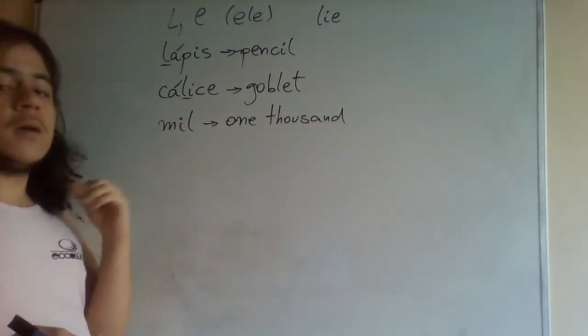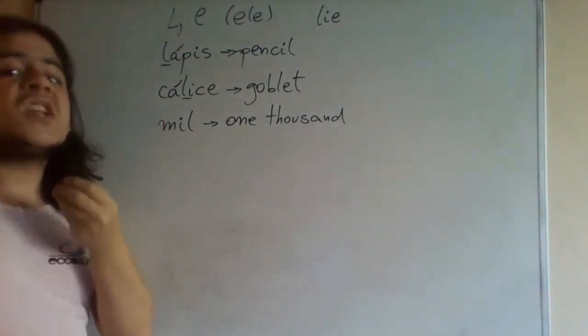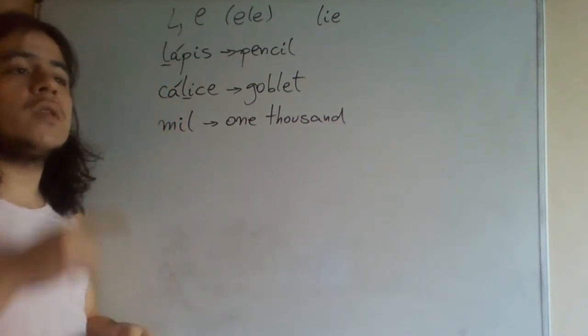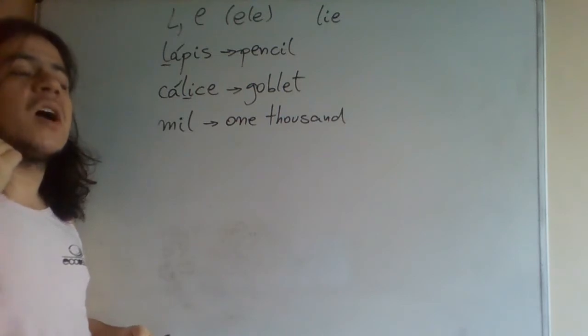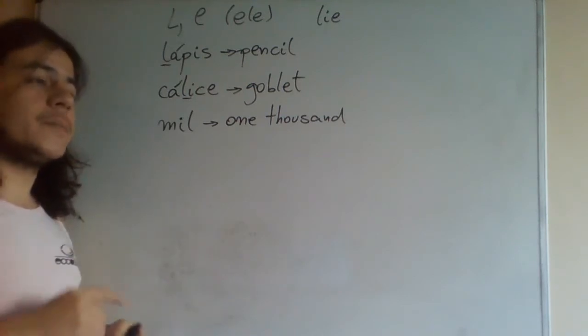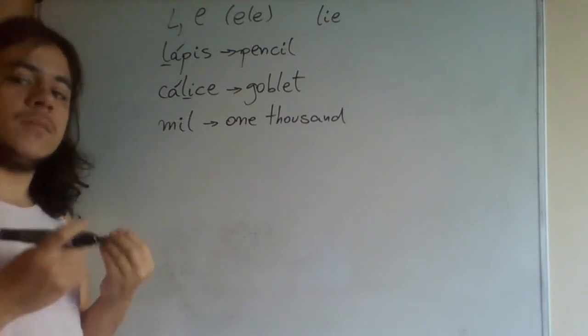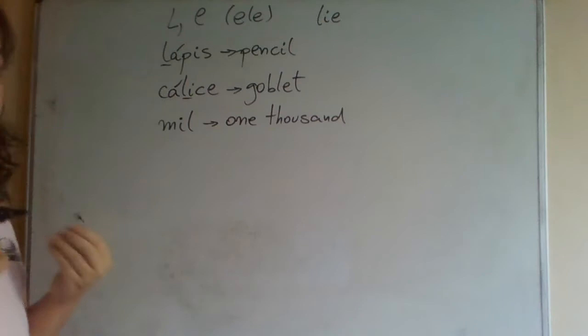We don't say it with the L sound. Remember, letter L has the L sound in lápis, cálice. So the tongue goes to the upper mouth. But in mil, we make a sound of U.